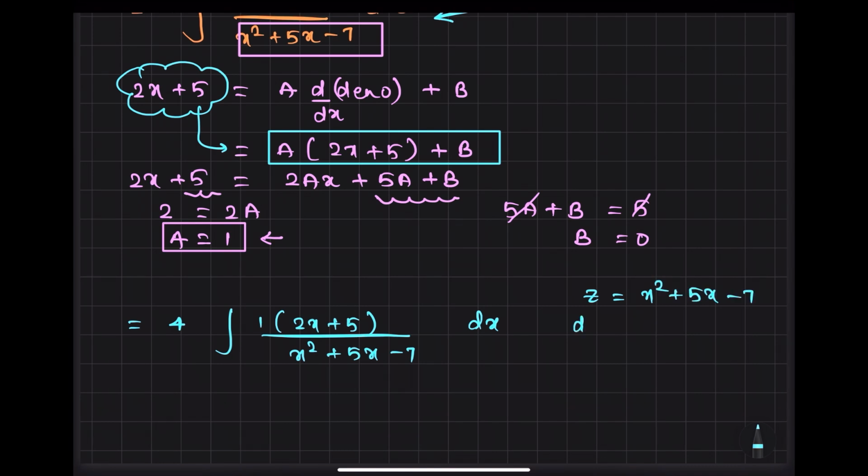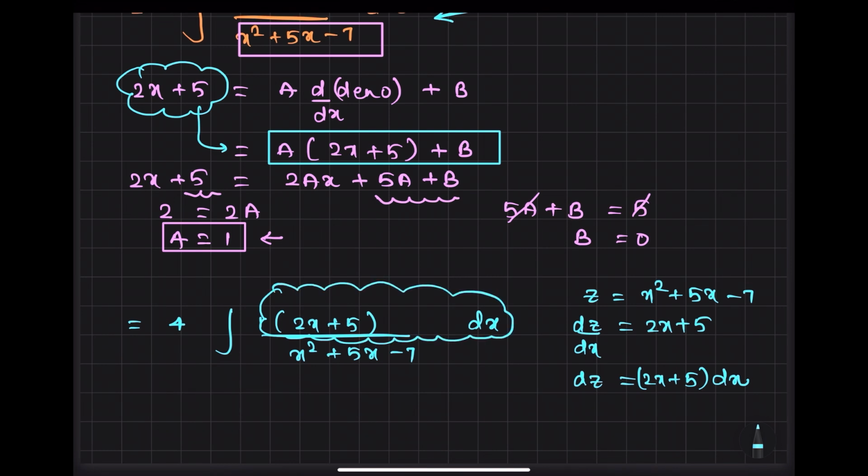We will differentiate both sides with respect to x, so dz by dx will be 2x plus 5. Now can I write dz as (2x plus 5) dx? That's why we converted the numerator as the differentiation of the denominator.